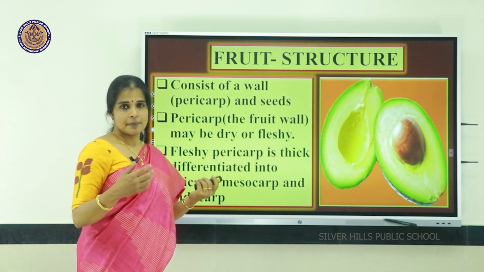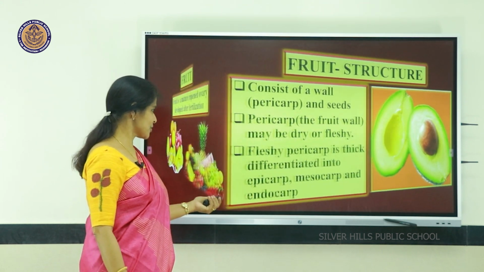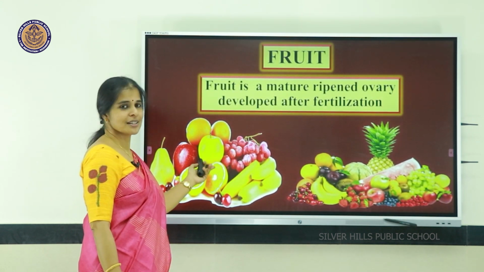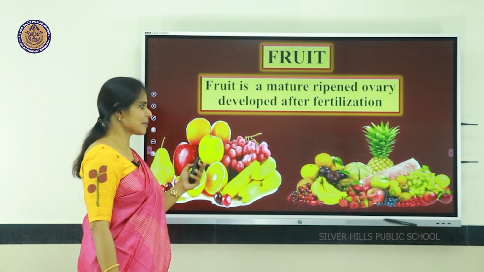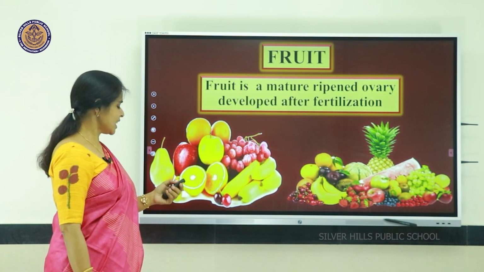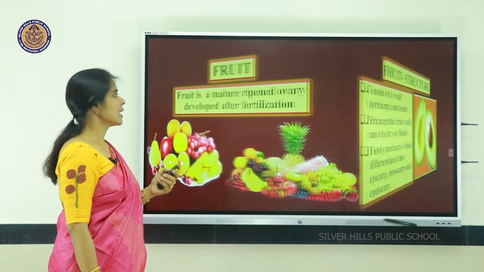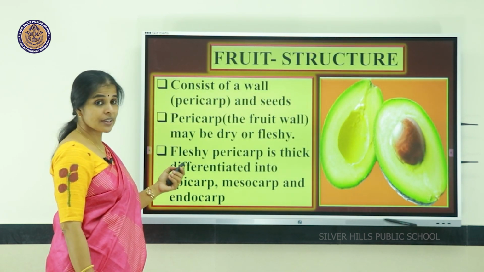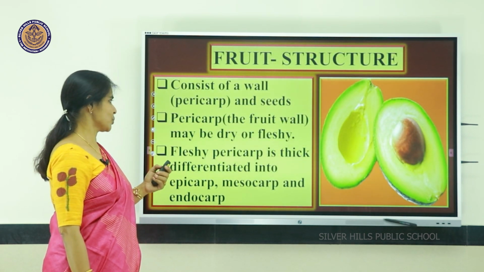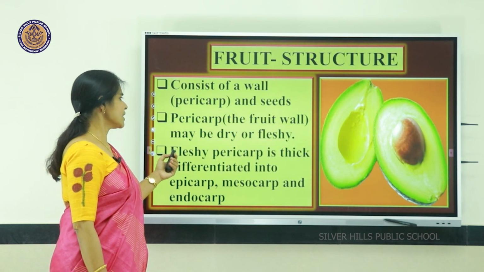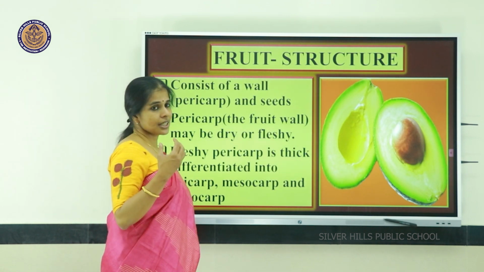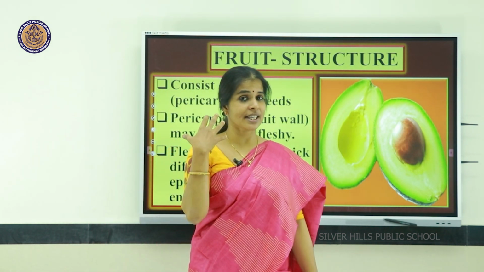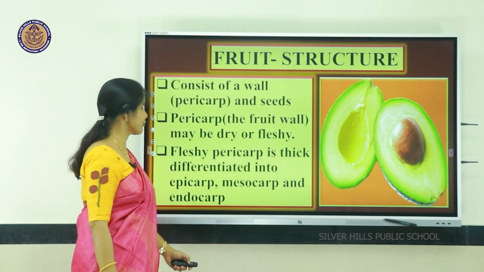There are many types of fruits, as in the picture: apple, orange, banana, pineapple. Many different types of fruits are present. Let us know the structure of the fruit. Fruits can be dry or fleshy. Let us first discuss the fleshy fruit.